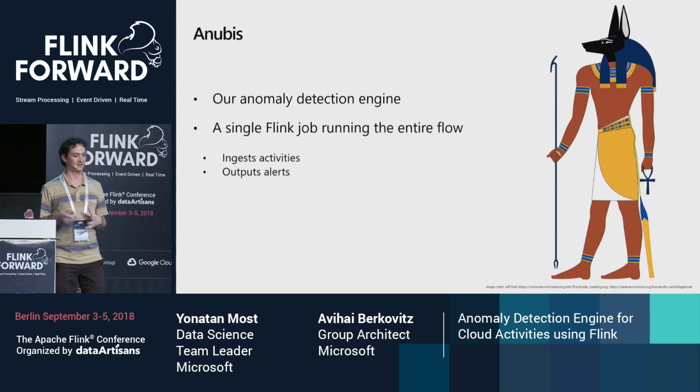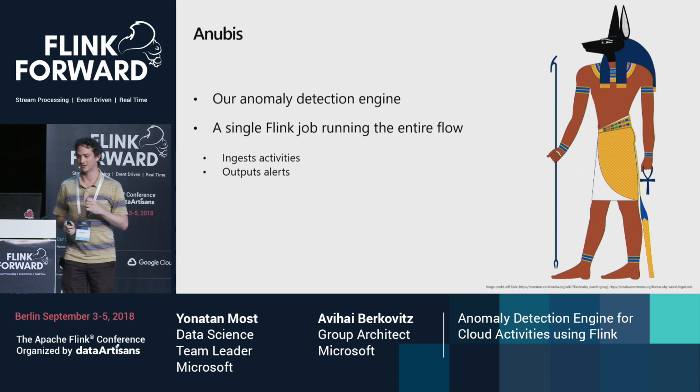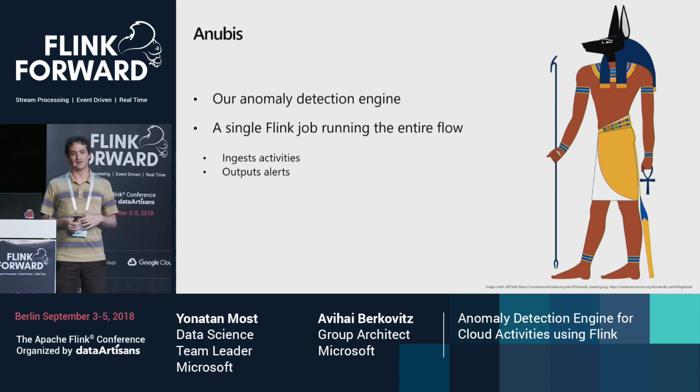Our anomaly detection engine is named Anubis, after that lovely Egyptian god over there. It is a single Flink job, end-to-end, that does everything: from ingesting the raw activities, to computing the models, to running the detections, to raising the alerts at the end.